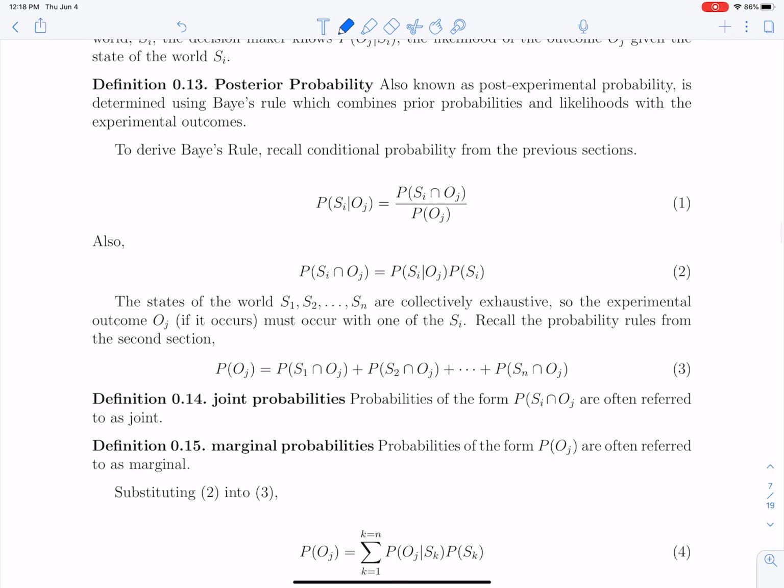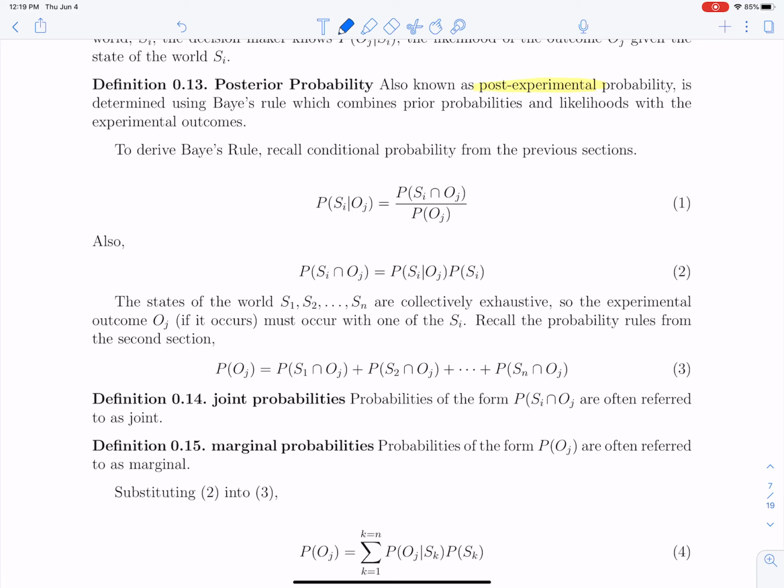Posterior probability is basically the result of Bayes' rule. So when we actually go through and do Bayes' rule, we get a posterior probability out of it. Like it says here, it's post-experimental. We basically just combine prior probability, so like prior data, and the likelihood of these occurring in the experiment.